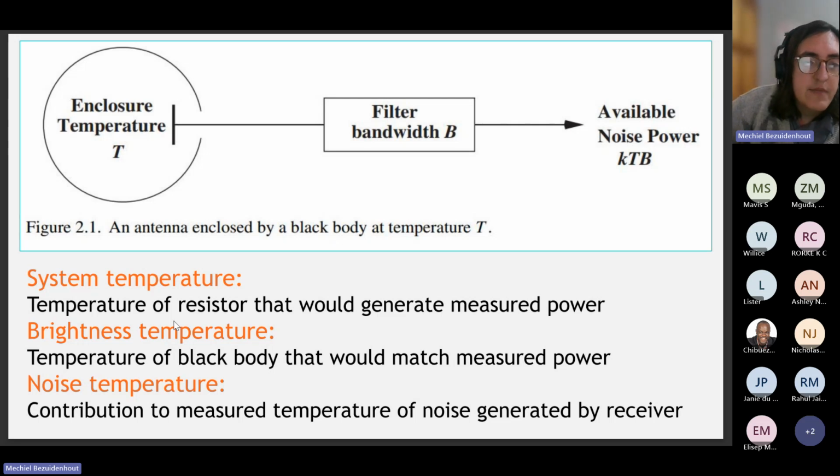Then the brightness temperature means, if you are observing some source in the sky, what temperature a black body would need in order to match that power. And similarly, we can define something called the noise temperature, which is the contribution of the noise generated by the receiver to that measured temperature.